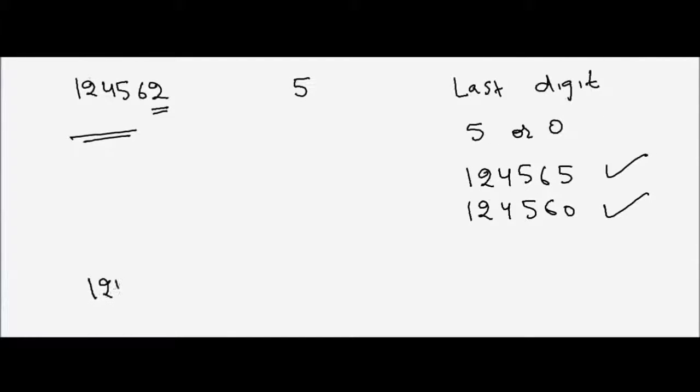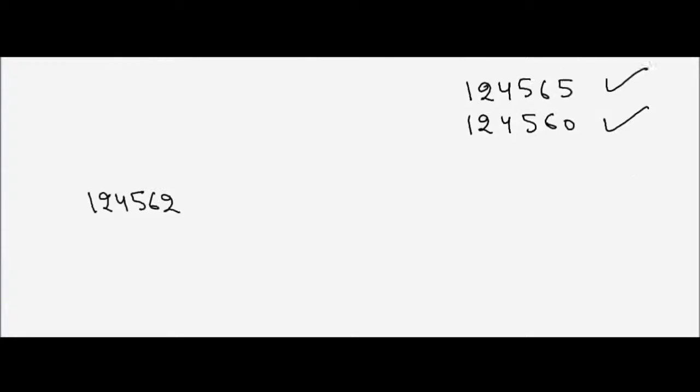So I have 124562. Is this number divisible by 6? To check that, we know that 6 is a multiplication of 2 and 3, so we have to run the test for 2, and then the test for 3. Because this is an even number, it is divisible by 2.